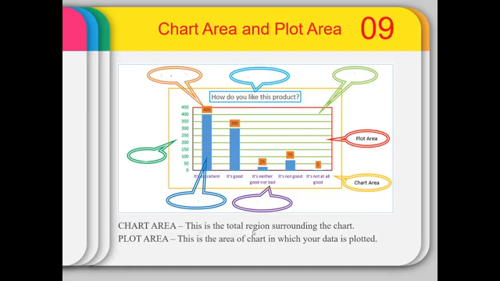Chart area is the total region surrounding the chart. Like from this portion, this is chart area. This is the area of the chart in which your data is plotted. This is plot area.